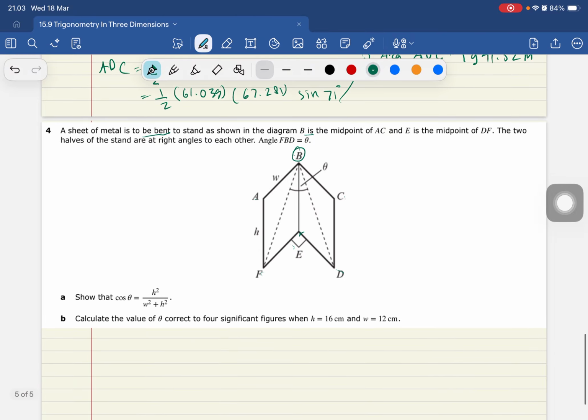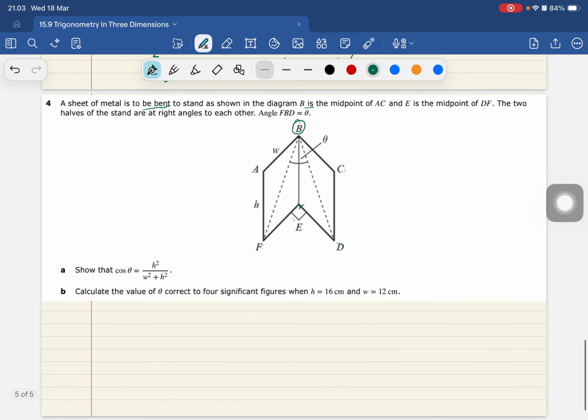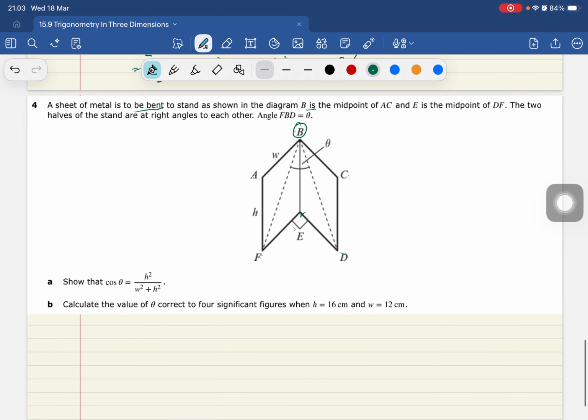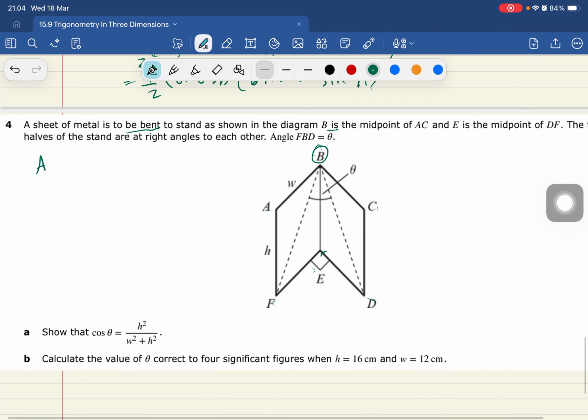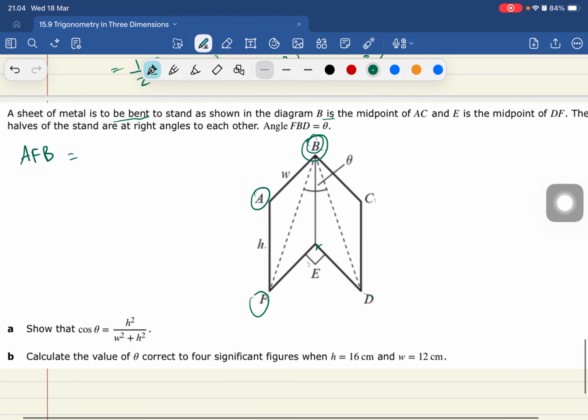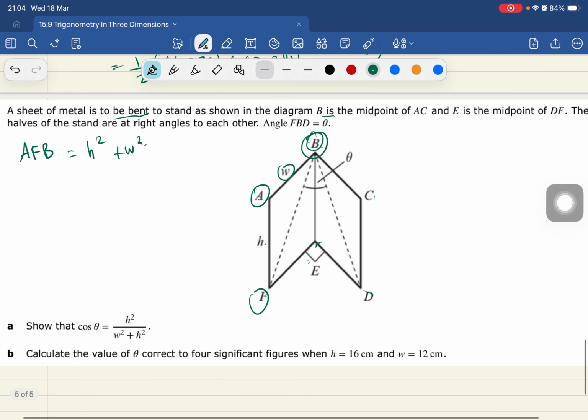The two halves of the stand are at the right angle to each other, angle theta. So we need to show it. Okay, let us show it. So in the triangle AFB, the height square replaced with the W square.